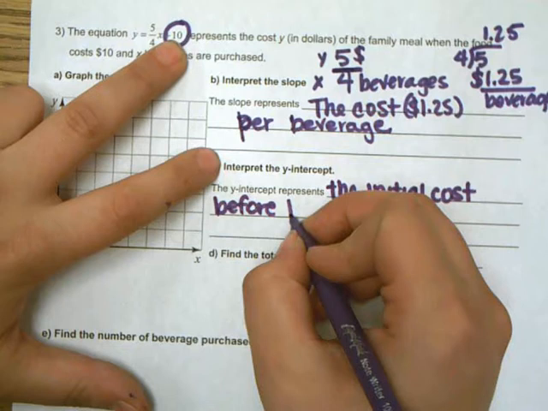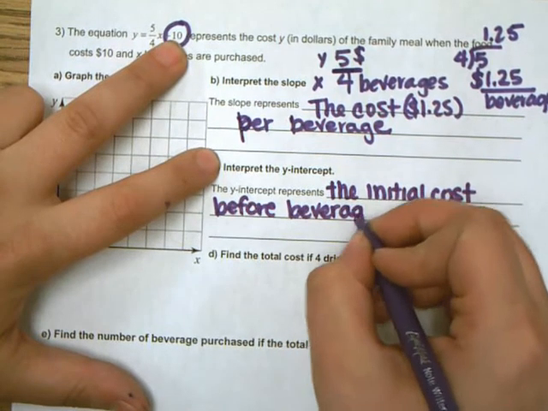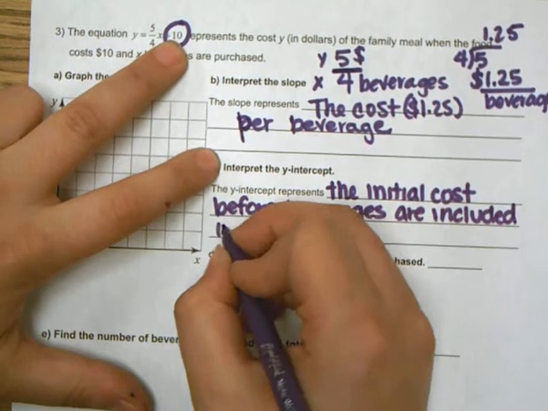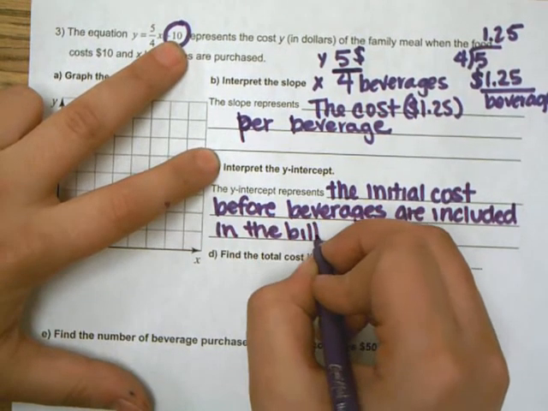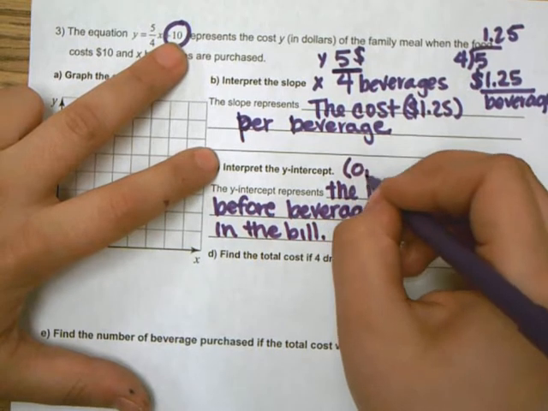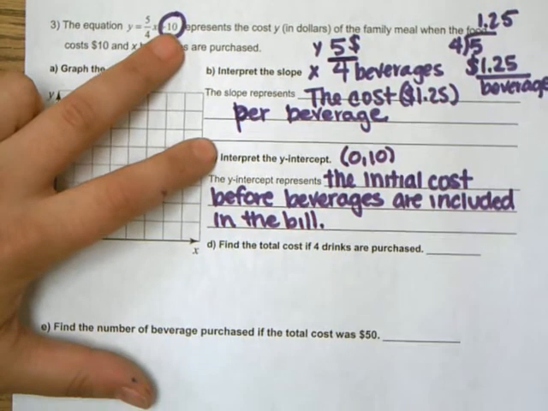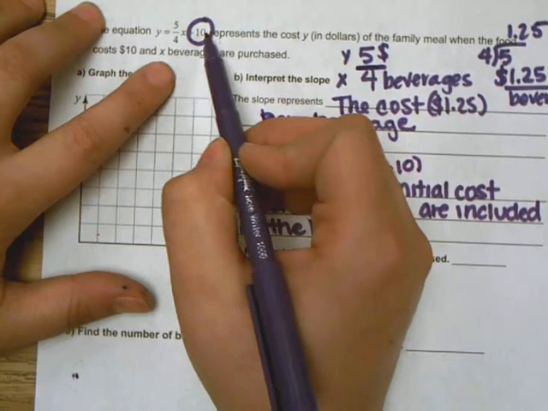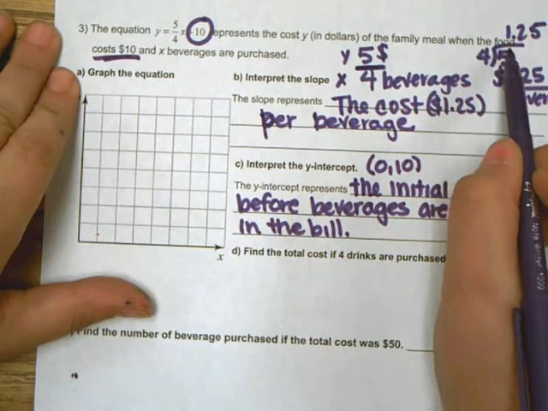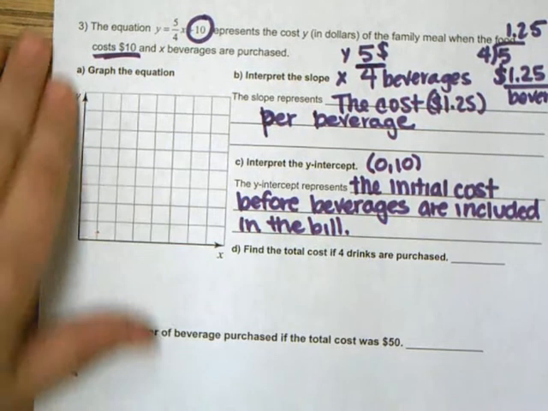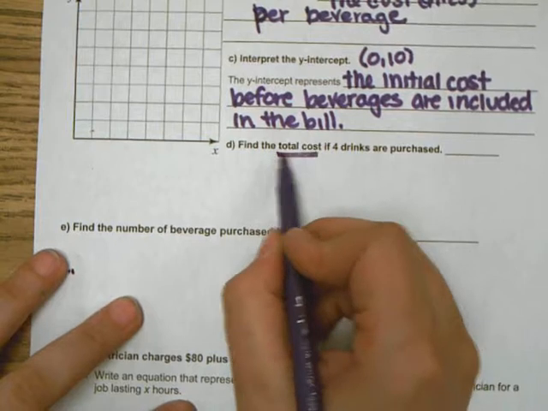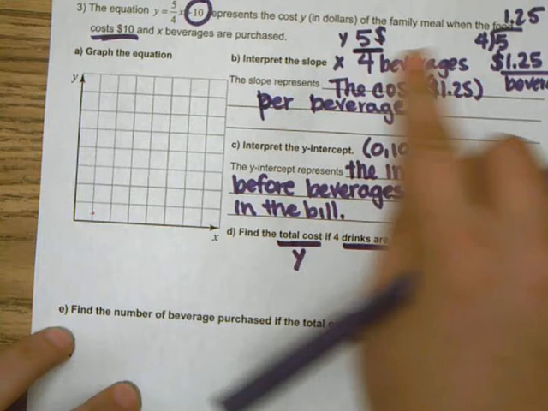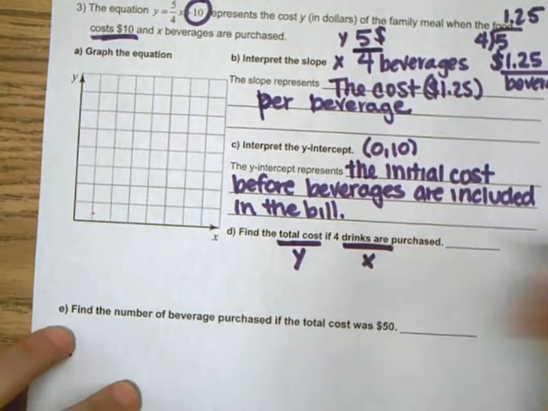So when you're graphing this, the 10 represents the y-intercept, the initial cost before beverages are included in the bill. So that's what the point 0, 10 represents. So the 5/4 represents the cost for each drink, and the 10 represents how much the food costs, it says.